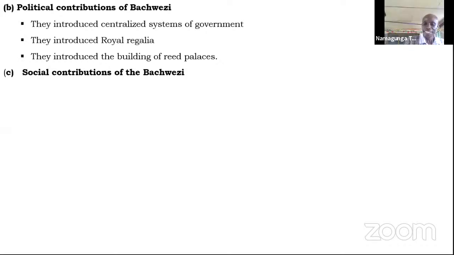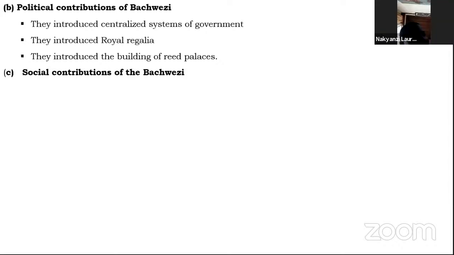Mukonyenzi Winfrey, give us another social contribution of the Bachwezi, apart from introducing local chess called Omweso. Winfrey, are you there? Nachanzi Laura, the social contributions of the Bachwezi, apart from introducing local chess, which was called Omweso.